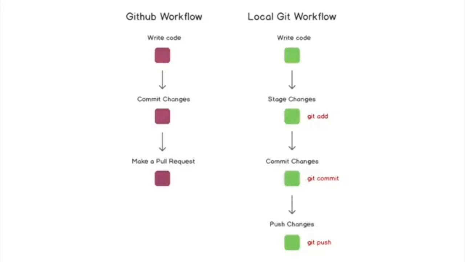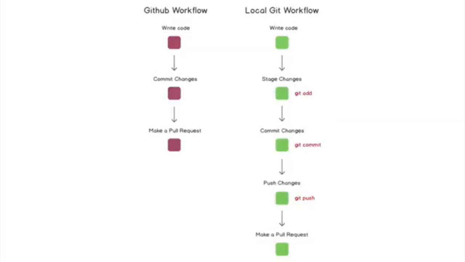And that updated the code in the GitHub repository with our changes that were made locally. And then, just like before, if we didn't have access rights or we needed a code review before we merged changes in, we'll need to make a pull request.